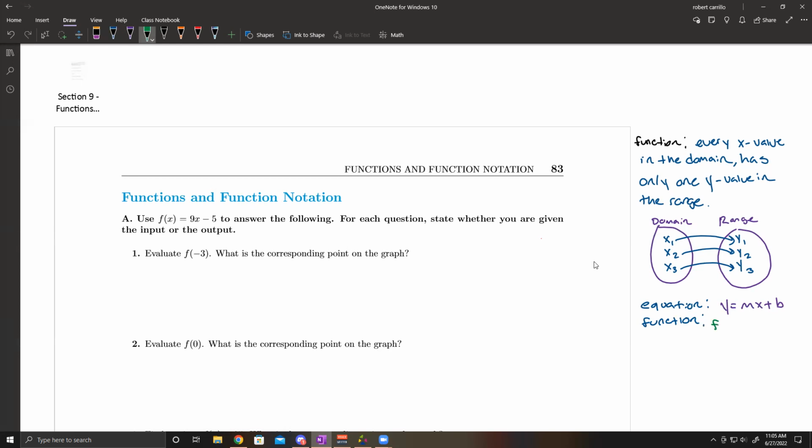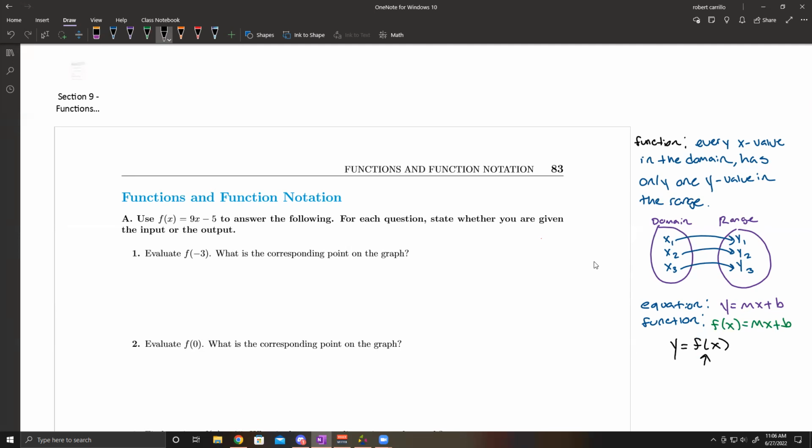We say f of x equals mx plus b. All this is doing is taking y and putting it in function notation. Just know that they both mean the same thing. So y is equal to f of x. They are the same exact thing.